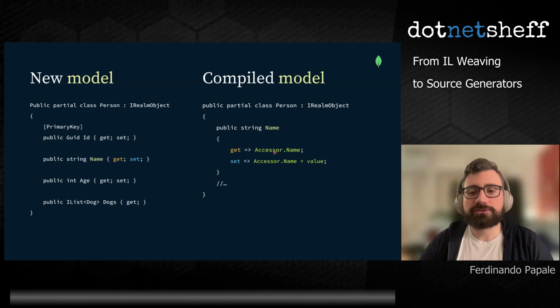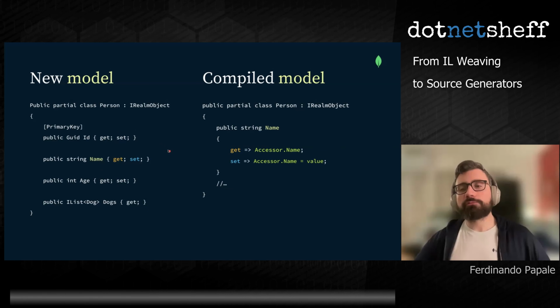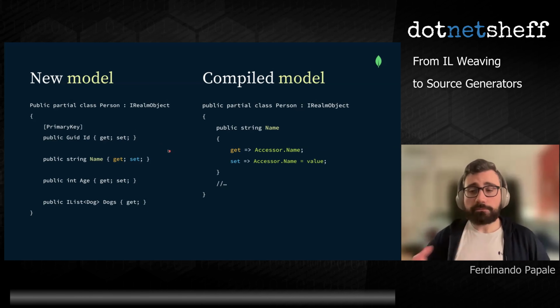The accessor is also something that we are generating. And one thing that must be said is that this is 100% what is done by the Weaver now. So this is the same for all properties. What I was showing in the beginning for the Weaver was a very simplified version.